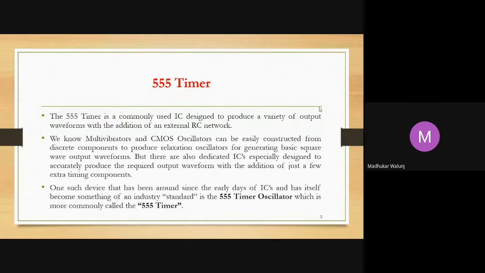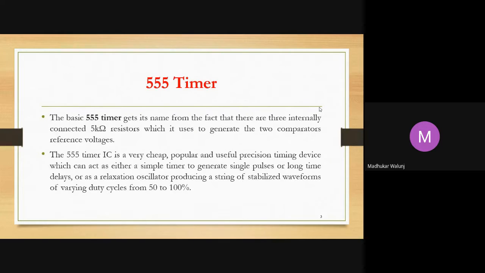It is also known as a standard 555 timer oscillator, and it is now commonly called the 555 timer. So where does the name 555 timer come from?